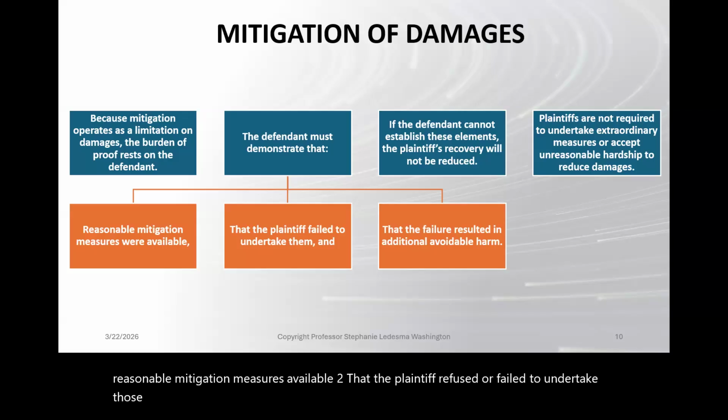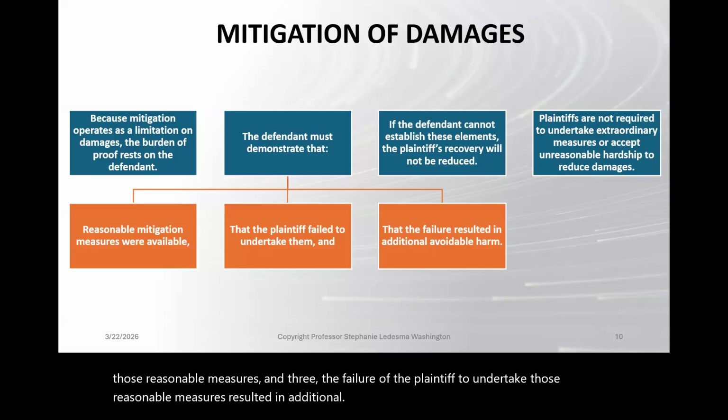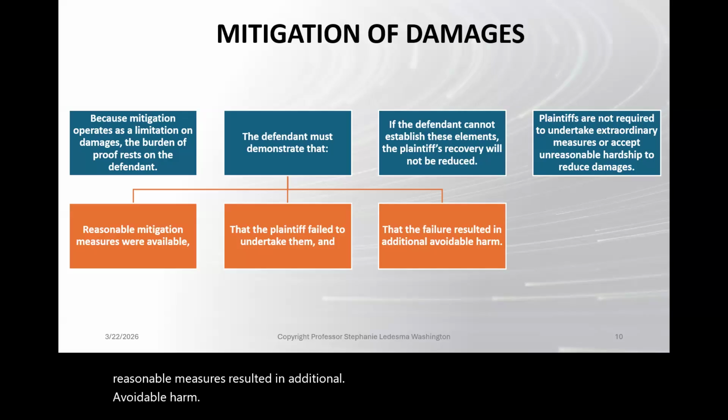And three, the failure of the plaintiff to undertake those reasonable measures resulted in additional avoidable harm. This is for mitigation of damages. If the defendant cannot establish all three, then the plaintiff's recovery will not be reduced. Okay?